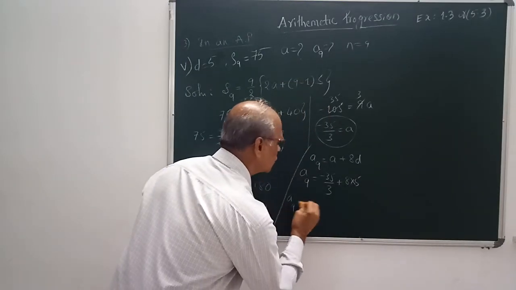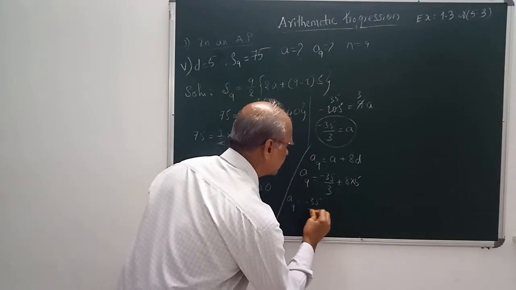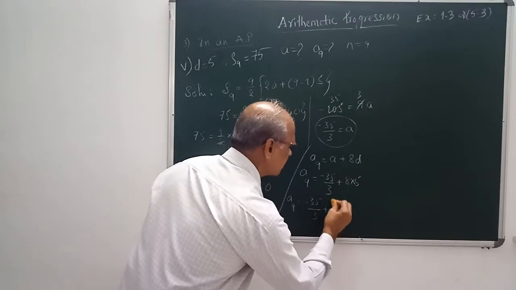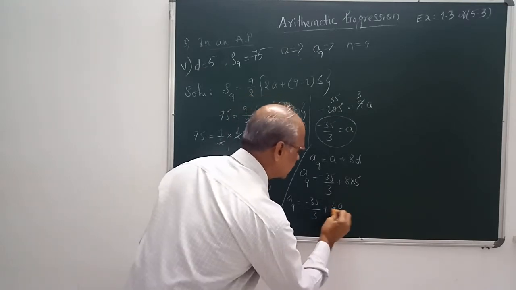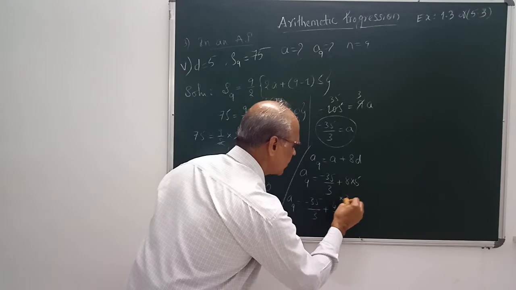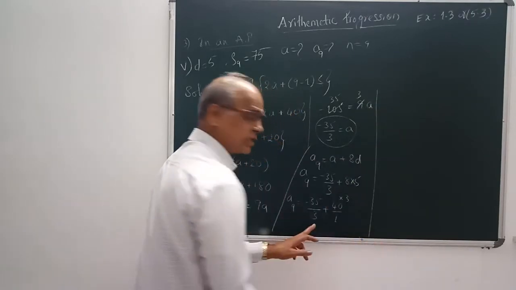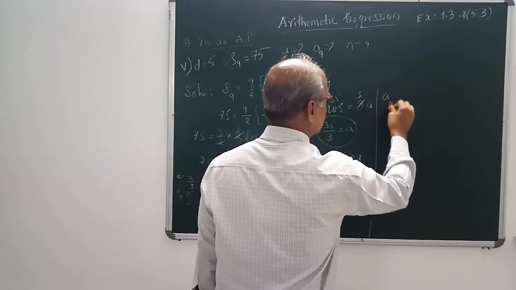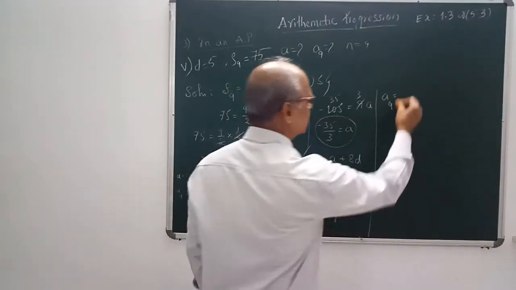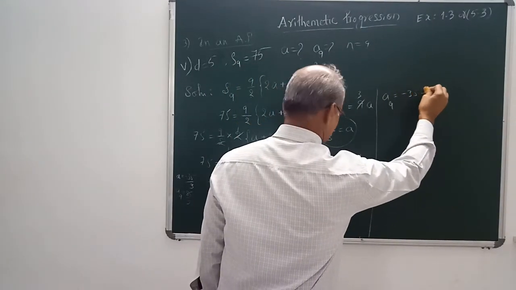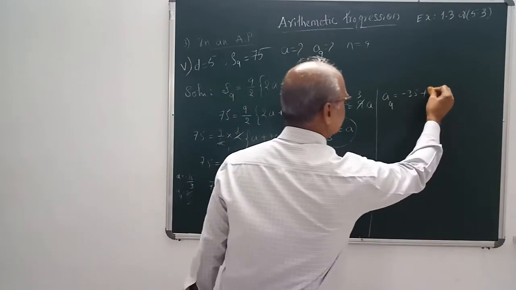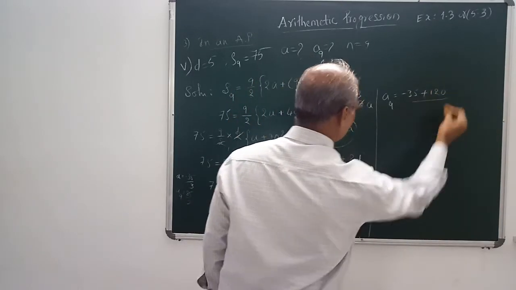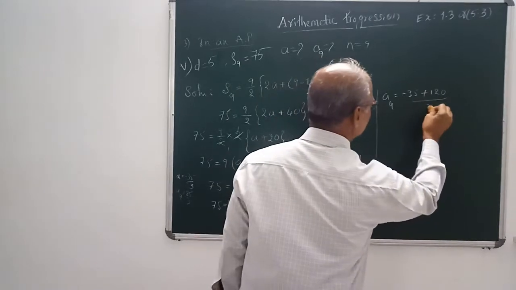So A9 is equal to minus 35 by 3 plus 40. 8 5s are 40, divided by 1. That means LCM is 3, and 3 1s are 3. A9 is equal to minus 35 plus 4 3s are 12, that means 120. Whole thing divided by our LCM 3.